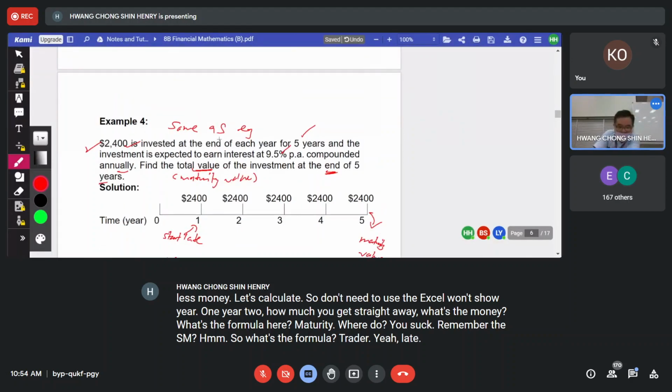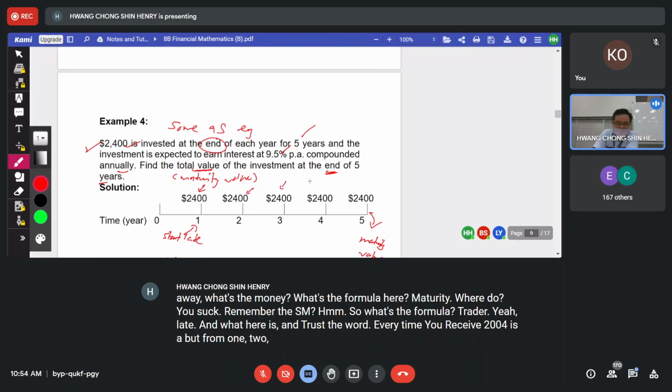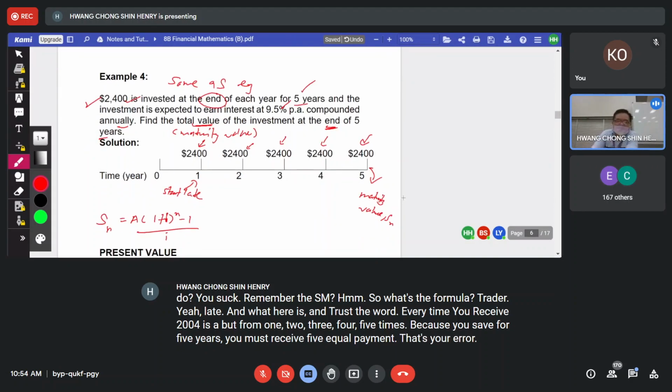The word here is N. Catch the word. Every time you receive 2004, you see? Start from 1, 2, 3, 4, 5 times. Because you save for 5 years, you must receive 5 equal payments. That's your A. Okay, calculator.